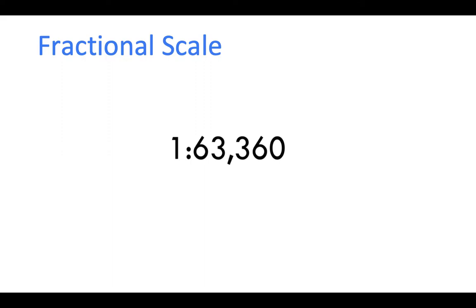If I measured a foot on the map, if the map's big enough, and I measure 1 foot, it would be equivalent to 63,360 feet in reality. 1 meter, 63,360 meters in reality. I could put my index finger on the map, the tip right there. That distance, one of those index fingers on the map, is equivalent to 63,360 index fingers in reality. So we got some flexibility with this stuff here.